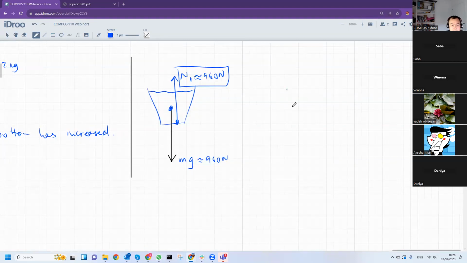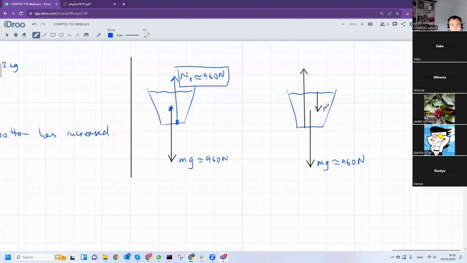Now for the second bucket, you have the gravity of the water, so that's mg. Then you have the gravitational force of the wood, and you have a normal reaction here. So you have mg, which is approximately 96 newtons, sorry, 96 of course, not 960.